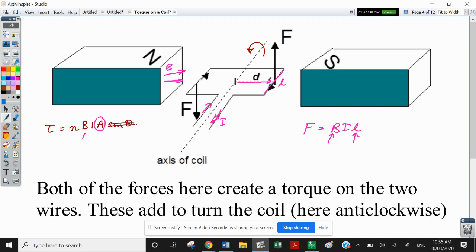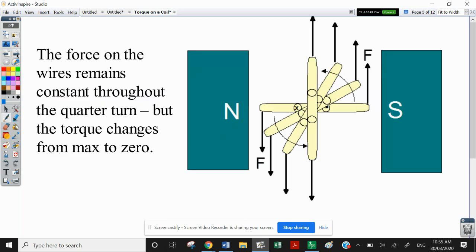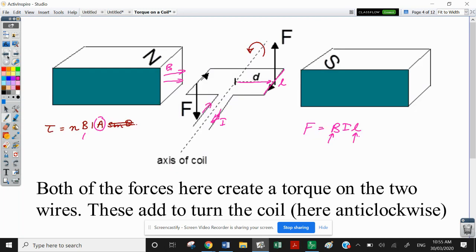Okay, so sorry, I've got to find a little space. I'll just rub this out so I can have some room to work with. Okay, so looking at the coil on top, this here is D, so this length here is 2D, okay?